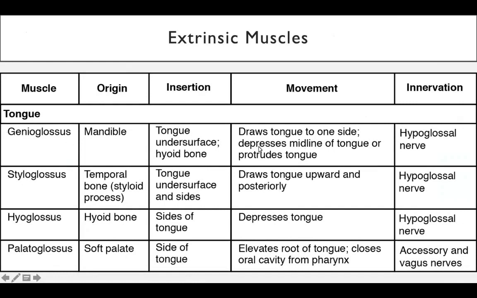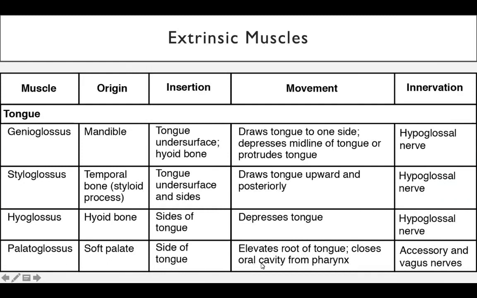So that's why it depresses the midline of the tongue. That's how you remember. And then it helps in protruding the tongue. Okay, and then styloglossus draws the tongue upward and posteriorly. It retracts. It basically helps in retraction.